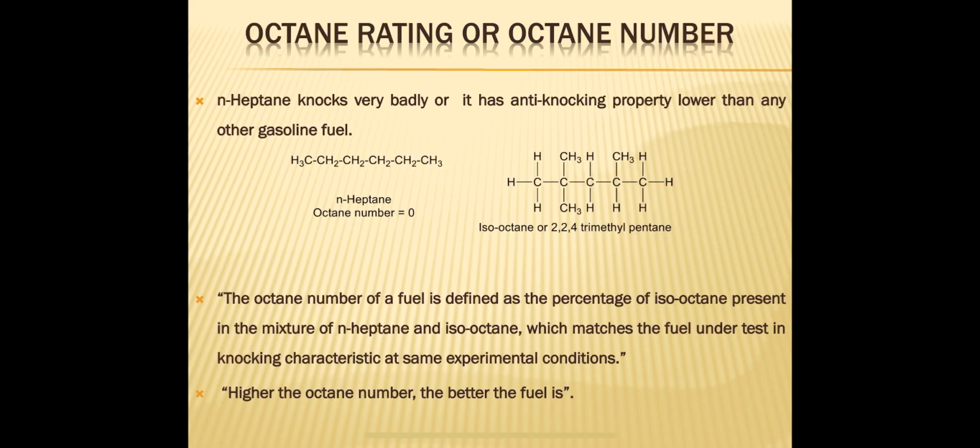Now we will see what is meant by octane rating or octane number. It has been observed that n-heptane knocks very badly, with an anti-knocking property lower than any other gasoline fuel. Therefore, arbitrarily, the octane number of n-heptane is kept as 0. On the other hand, iso-octane, that is 2,2,4-trimethyl pentane, gives very little knocking, so its anti-knocking value has been given as 100.